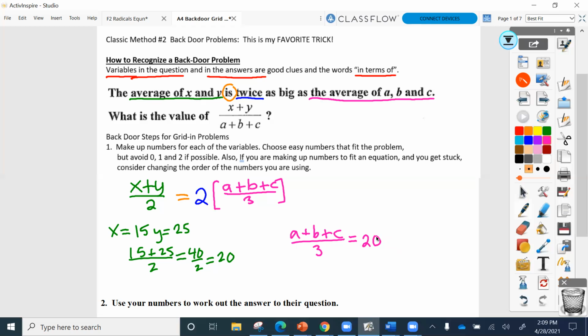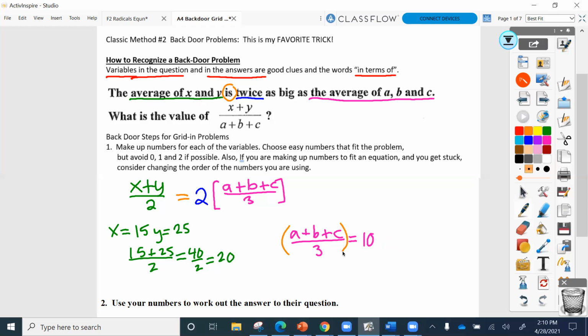Because 20 is supposed to be twice as big as the other number. So that 20 is twice as big, we want the average of those 3 letters to be equal to 10.